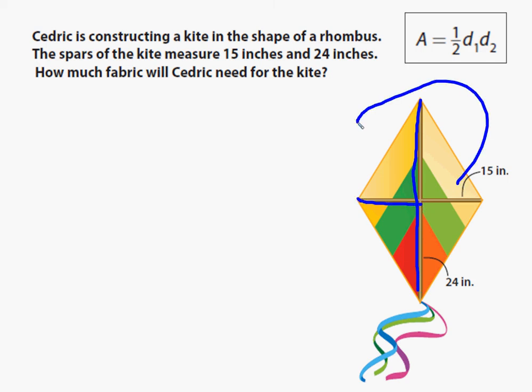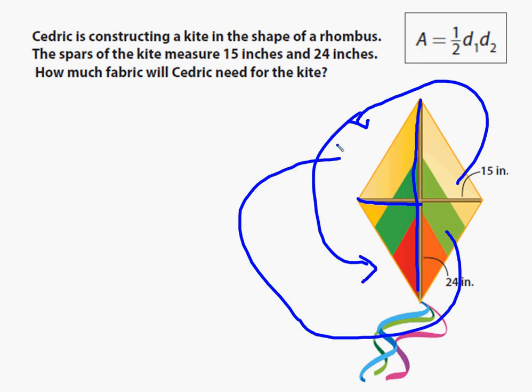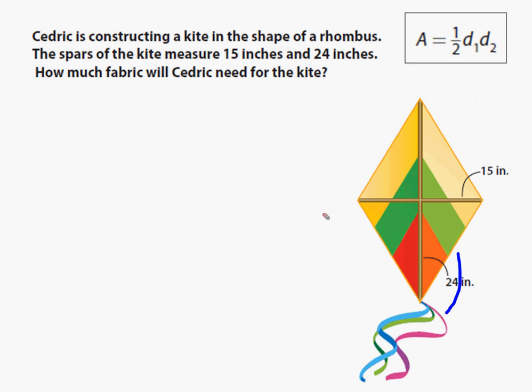I'm taking this piece, putting it up here, makes a rectangle. This is the base, and this is the height. So it's 1/2 of one of the diagonals times the other diagonal.